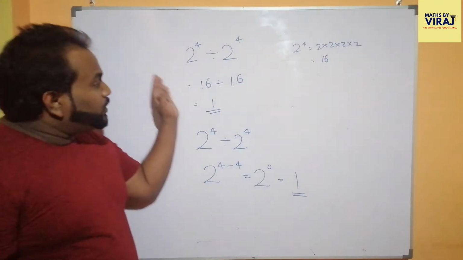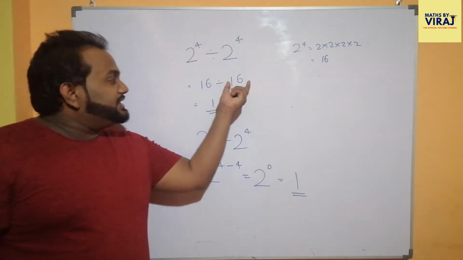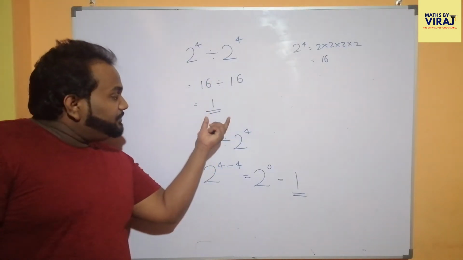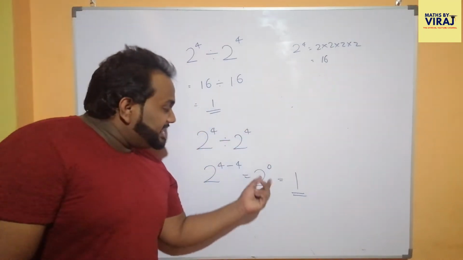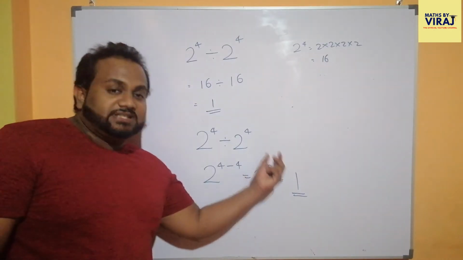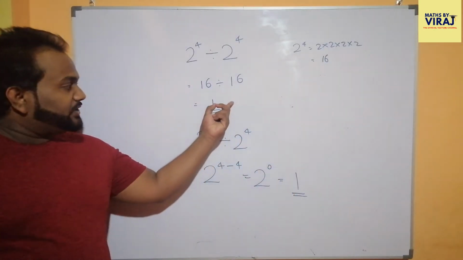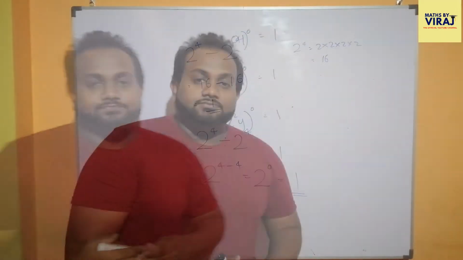So again, I have proved this, even just by using numbers, we can come to the answer of 1. Similarly, based on this calculation, 2 to the power 0 is equal to 1.